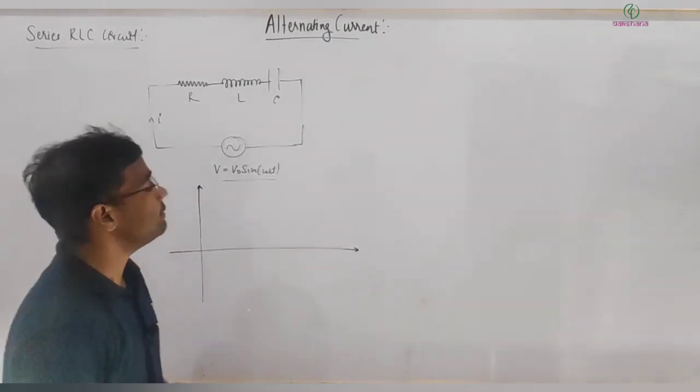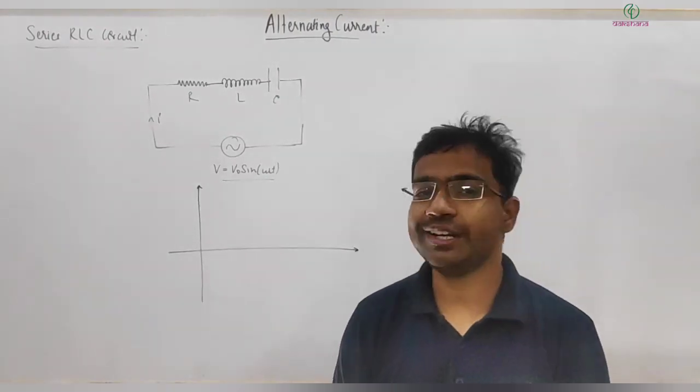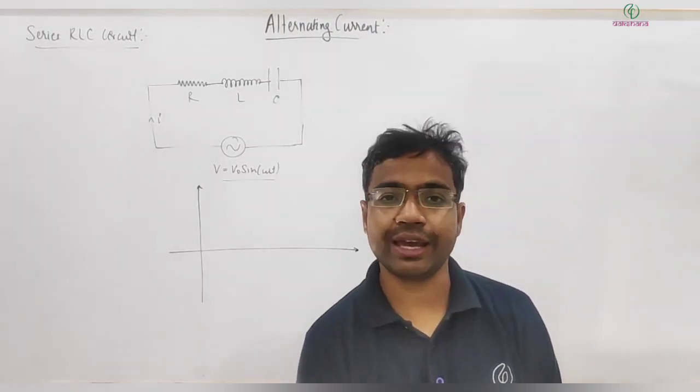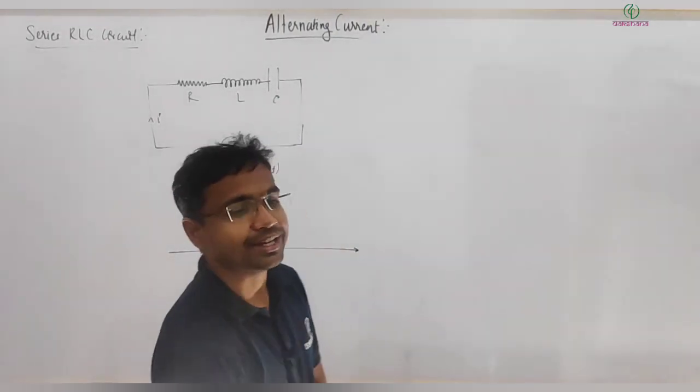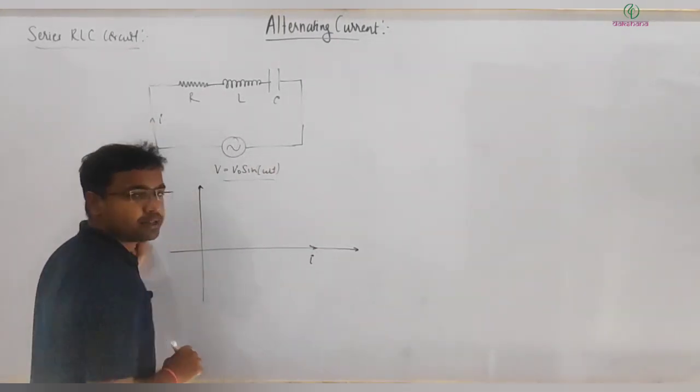For drawing the phasor diagram, because all three elements are in series, which quantity should be taken along the x-axis? That is current. Correct. So let's say this is I, the current in the circuit.